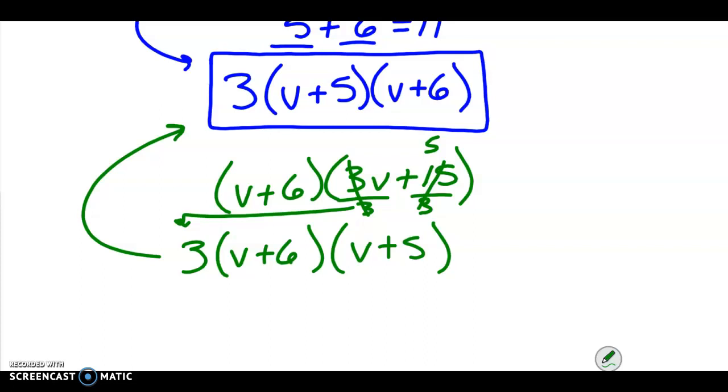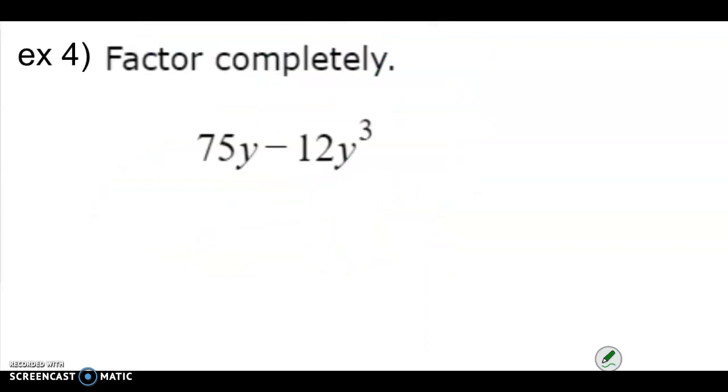Then the last one, we're taking advantage of some shortcuts. Okay, so if you remember, first of all, we have common factors in this first expression. 75y and negative 12y cubed can both be divided by 3y.